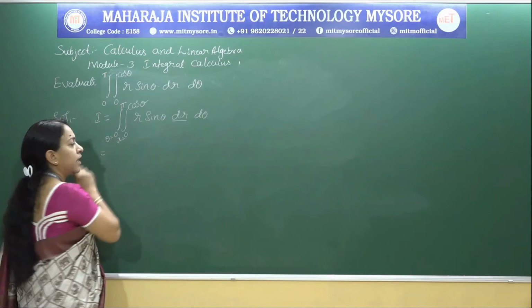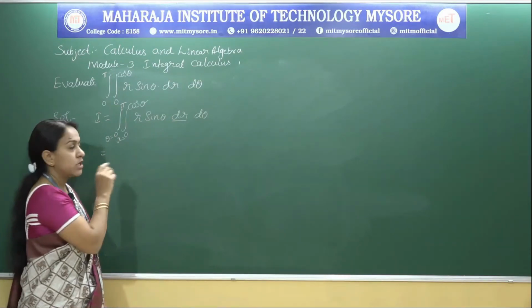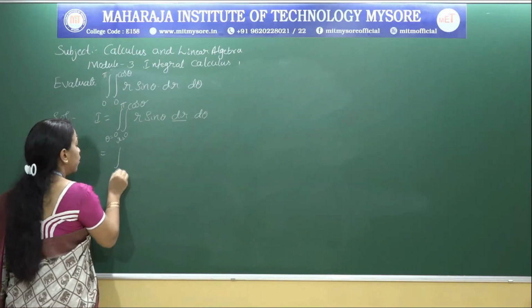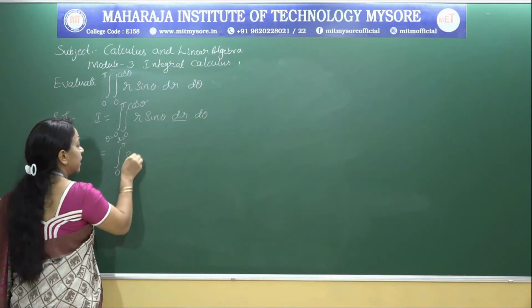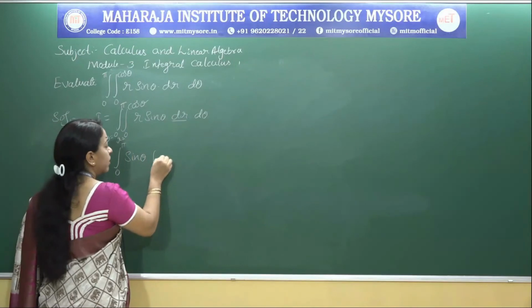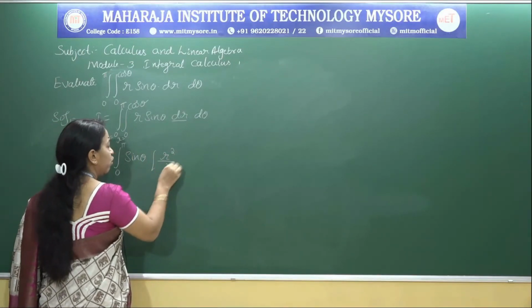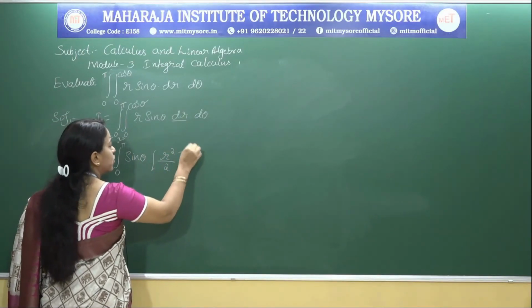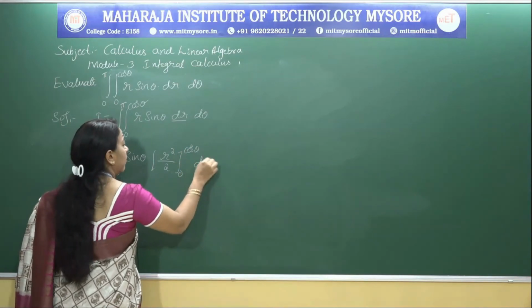Now, keeping sin theta constant, integrate with respect to r. So 0 to pi, sin theta is considered as a constant. The integral of r is r square by 2 between the limits 0 to cos theta, d theta.